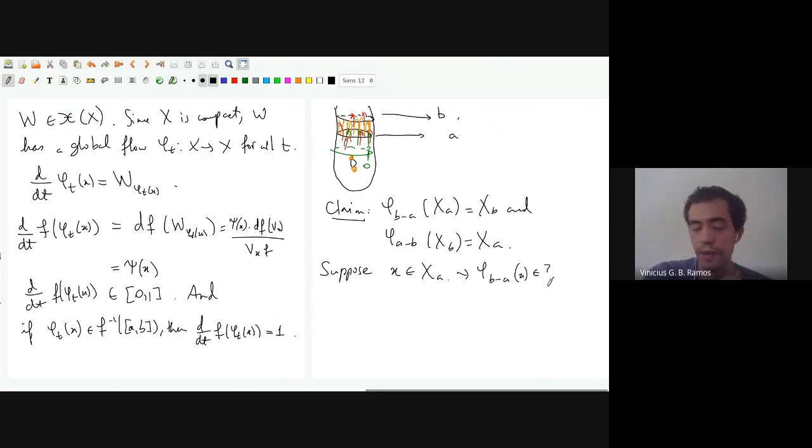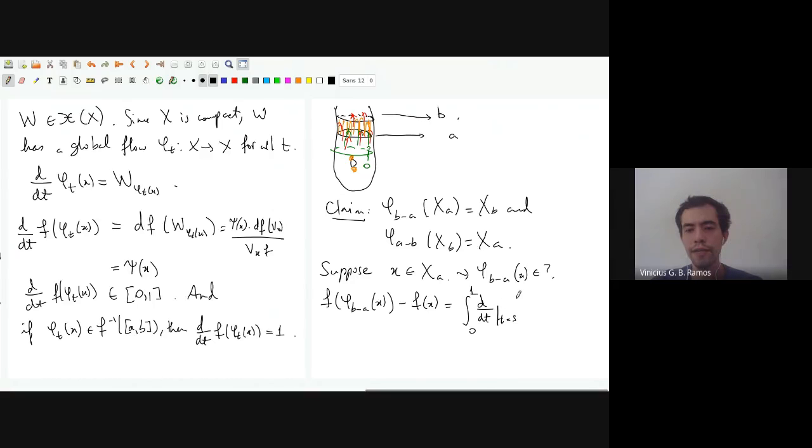So we have to compute this, and that's the easy part. What is f of phi b minus a of x, minus f of x? It is the integral from 0 to 1 of d/dt at t equals s of f of phi t of x, ds. This is just the fundamental theorem of calculus.